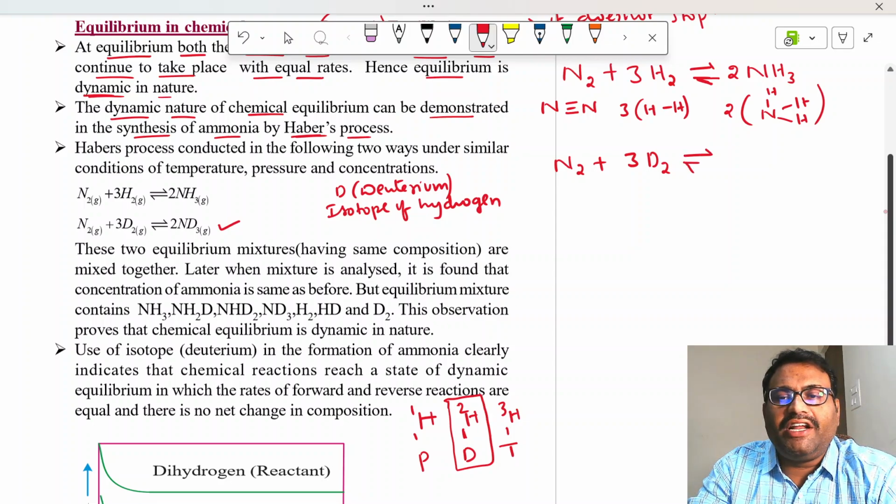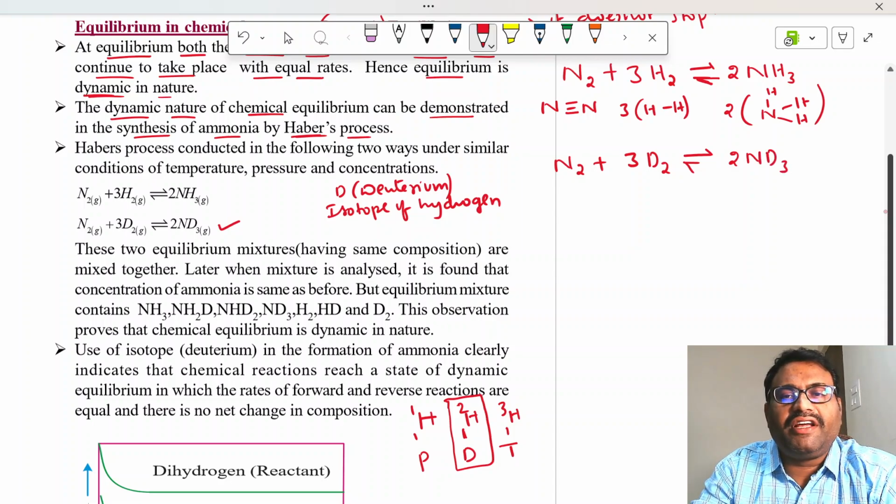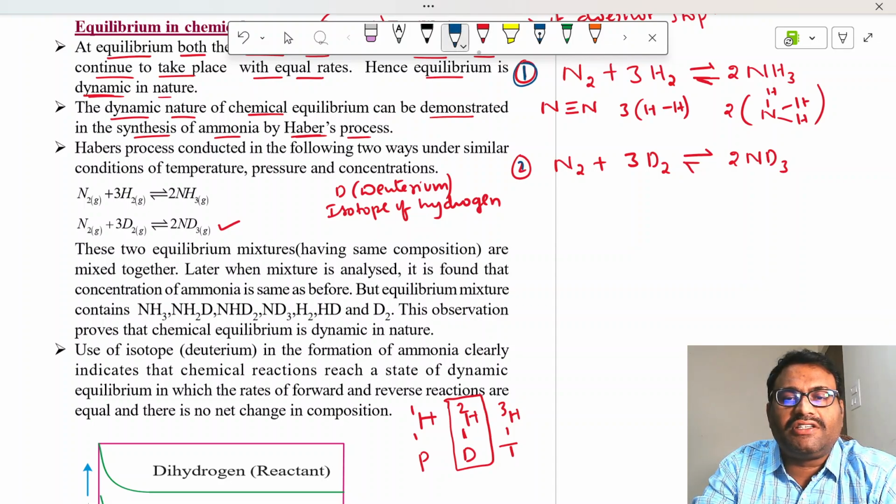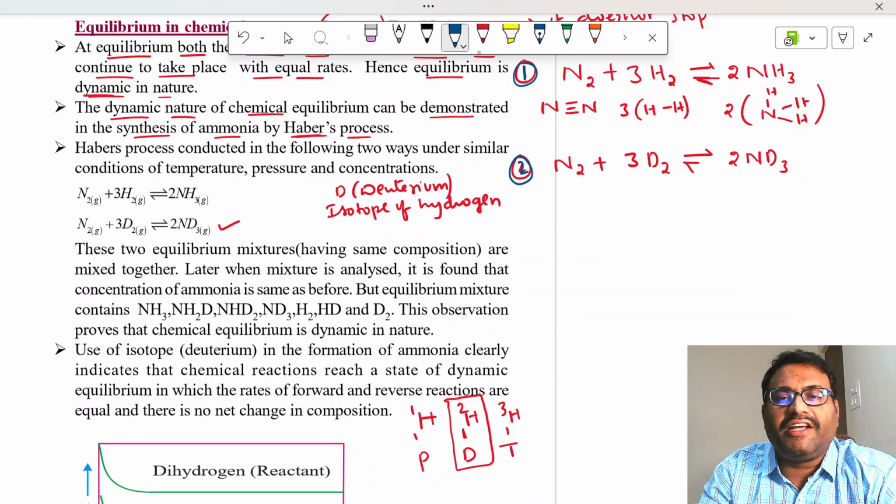So in the same container where N2 plus 3H2 gives rise to 2NH3 is present, we have taken N2 plus 3D2 gives rise to 2ND3. Let us take this as the first reaction and this as the second reaction. Two reactions which are in equilibrium are taken in a closed container.